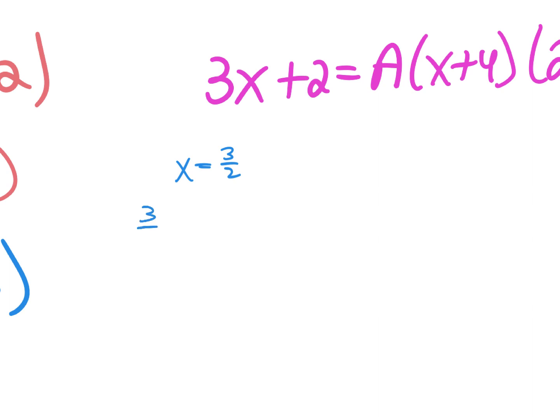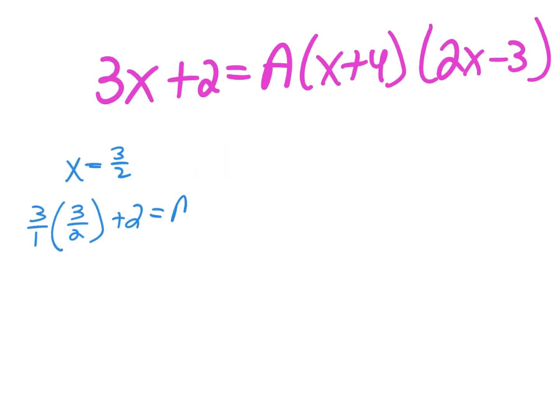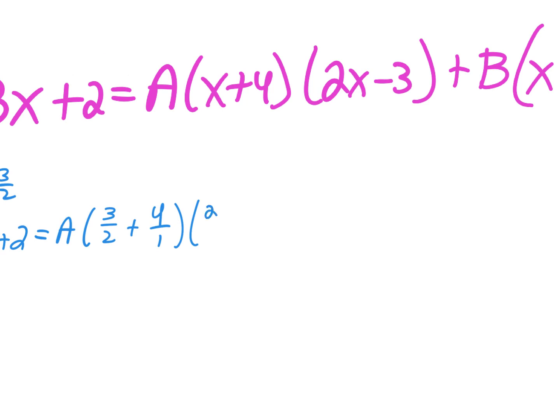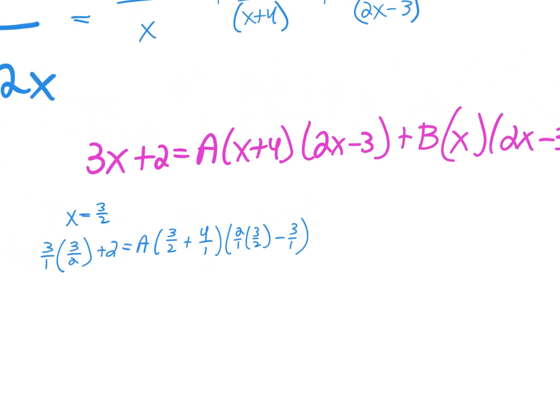So 3 over 1 times 3 over 2 plus 2. Agreed, everybody? Okay. So I have A times 3 over 2 plus 4 over 1 times 2 over 1 times 3 over 2 minus 3 over 1. Questions on how I plugged any of that in?